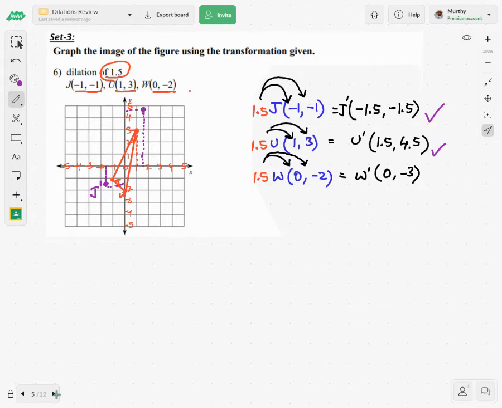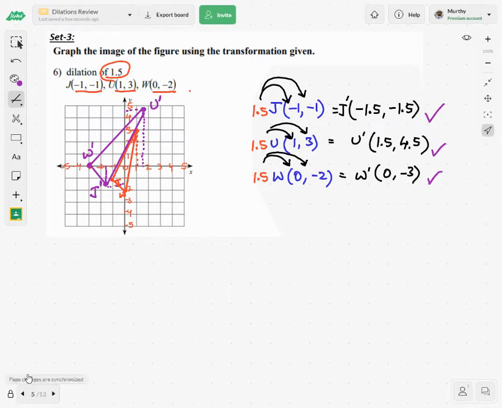So these two are meeting at this point. This is going to be U prime. W prime is (0, -3). That is this one. As I told you before, if you are working on paper, use a straight edge to get the right picture. This is approximately, I think the figure is slightly tilted, but if you use the proper values on the coordinate plane, then you get the right answer.